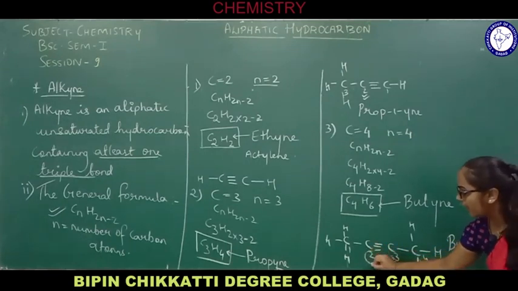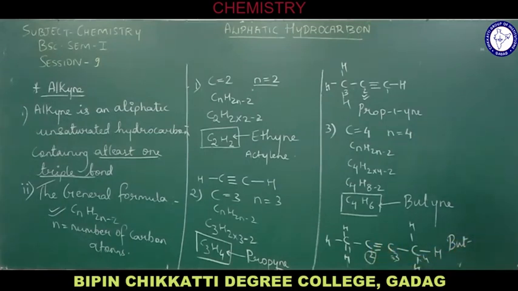Yne means triple bond, so I take the lowest preference, which is 2. So but-2-yne is the naming for this structure.